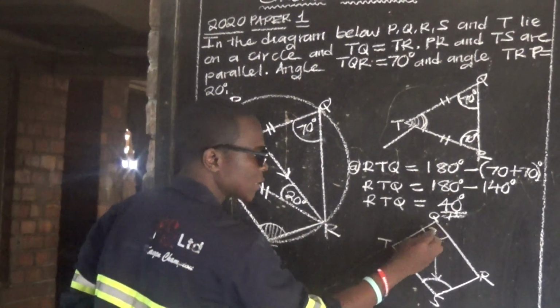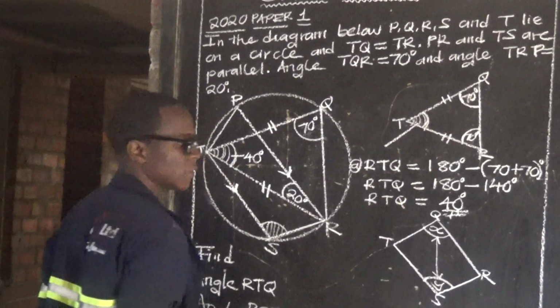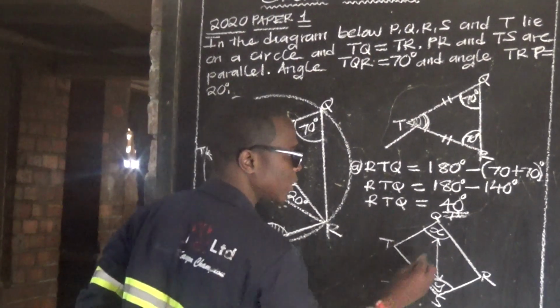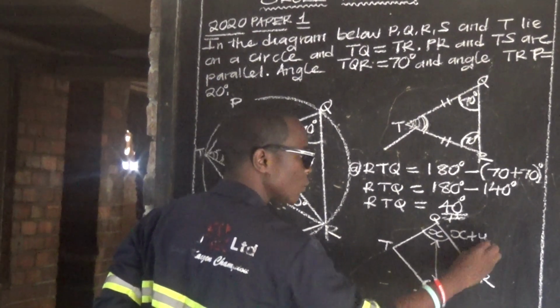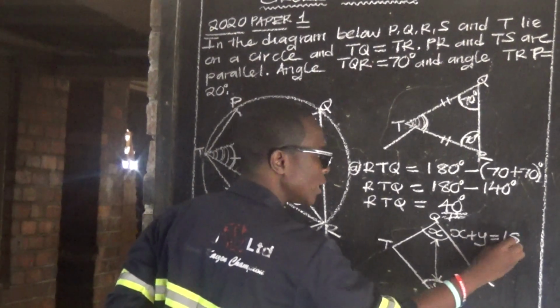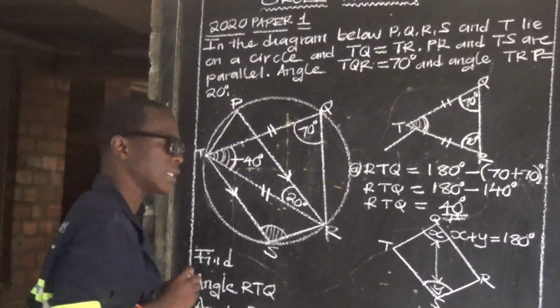So if this is X, this is Y. According to the property, X plus Y is equal to 180 degrees. That's the meaning.